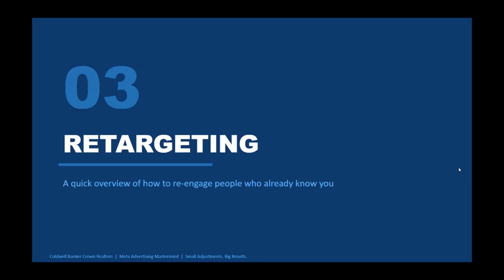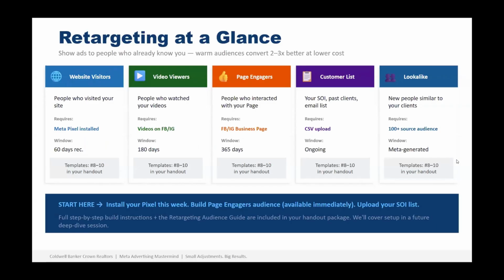Okay, we're going to go into retargeting real quick and then we'll be done. Retargeting is how to re-engage with people who already know you, who already have been on your website, who already are in your contact management system. When you retarget people, you upload your sphere of influence list into the Facebook system. That's how you end up retargeting.